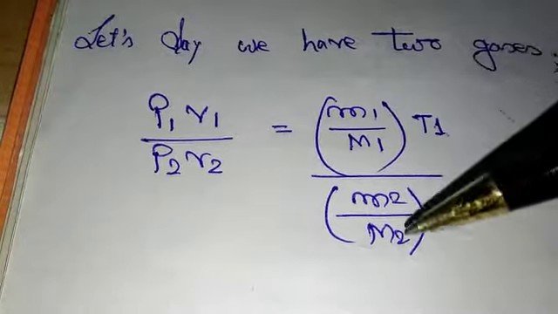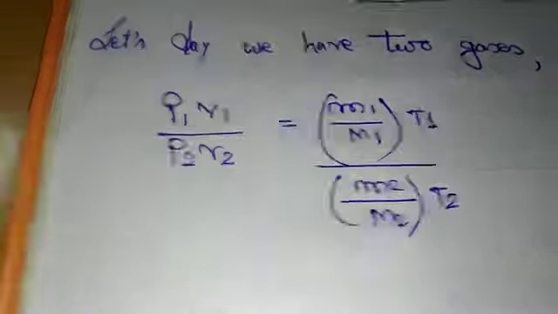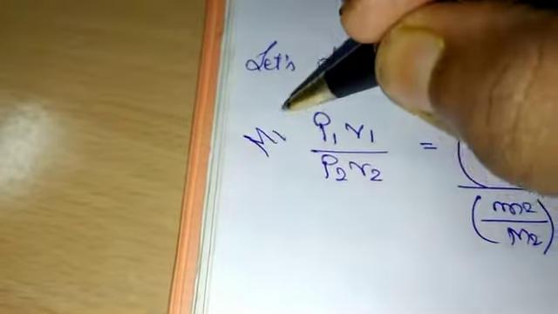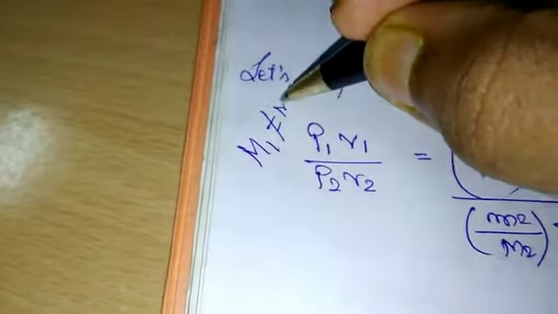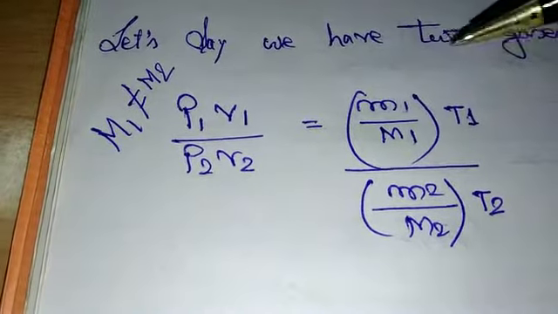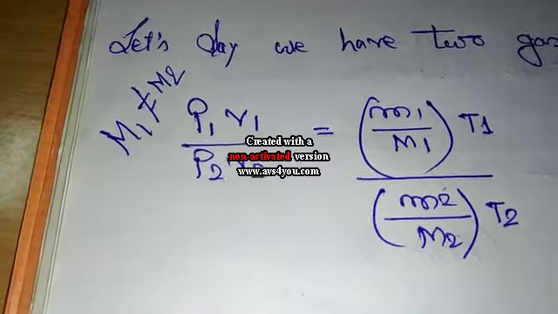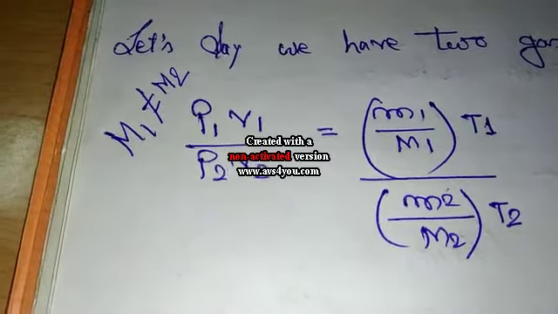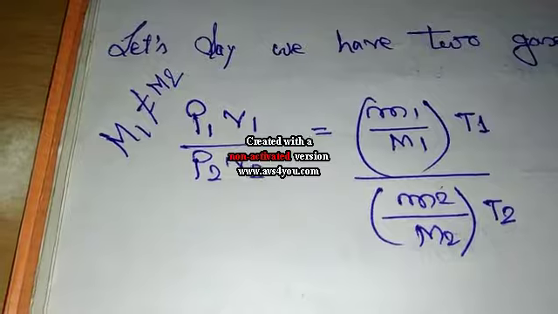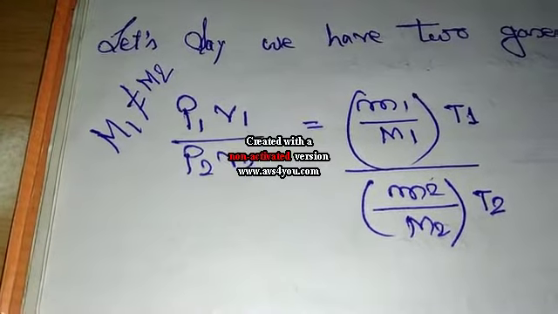So M1 and M2 must be two different values. Remember that M1 is not equal to M2 in any case. However, small m1 and small m2 can be equal. We can take 2 grams of nitrogen along with 2 grams of oxygen, but the molecular weight of oxygen and nitrogen will never be the same.